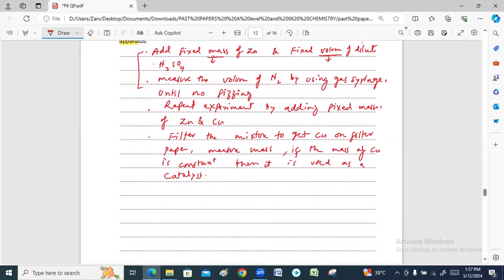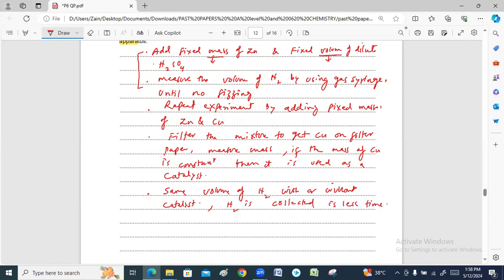And we can also say that we will get the same volume of hydrogen with or without catalyst. But in the presence of catalyst, the hydrogen is collected in less time. The same volume is collected in less time.